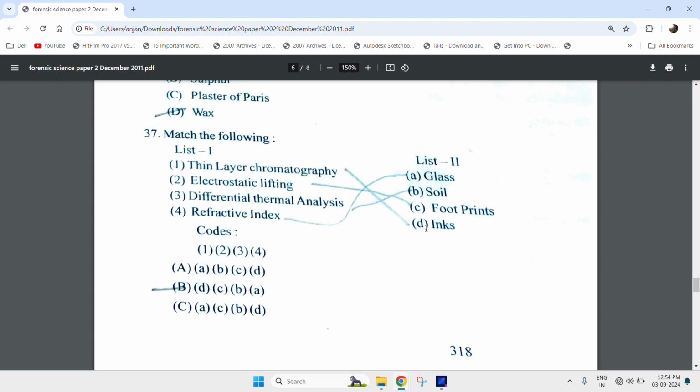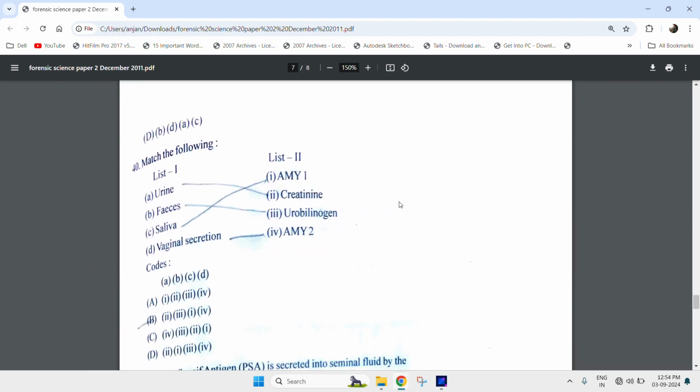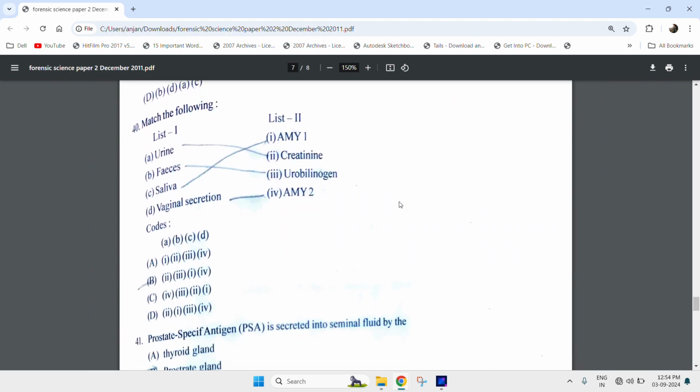Thin layer chromatography, ink, electrostatic lifting, footprints, differential thermal analysis, soil, refractive index, glass. Urine, creatinine, urobilinogen, saliva, vaginal secretion.